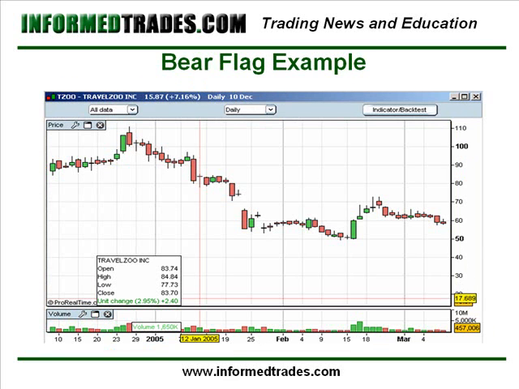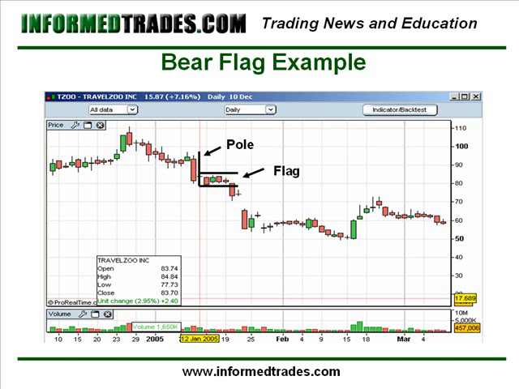Here we have a chart of Travelzoo, and we can see our flag portion, a brief consolidation in the market after our move downward, which is represented by the flagpole. So it's basically the exact same as the bull flag example, except flipped upside down, because we're in a downtrend here.